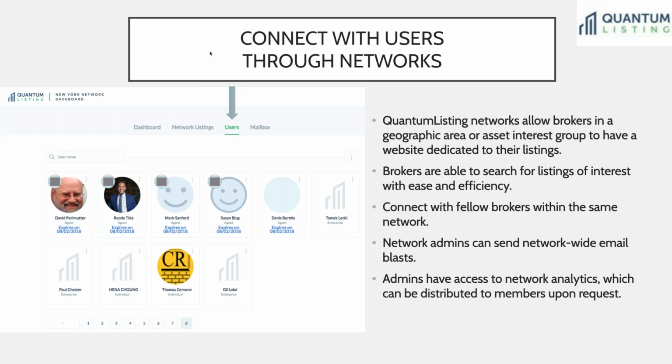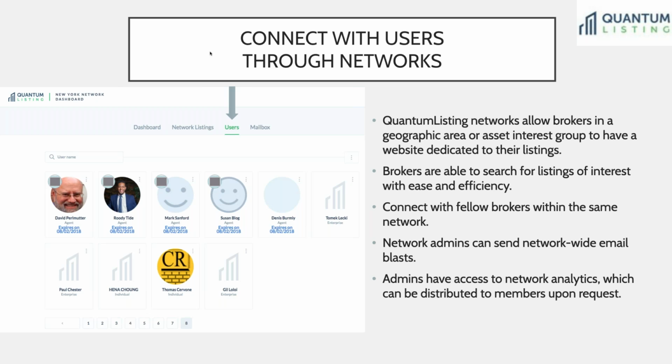Quantum Listing has also set up networks on our website for each state, and you can find those in our blog via the network directory. And the other nice thing about the networks is you can see what other brokers in your market are using Quantum Listing. If you click through to their profile, you'll be able to follow them.